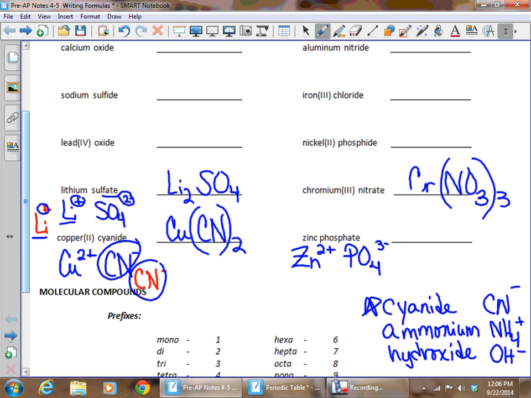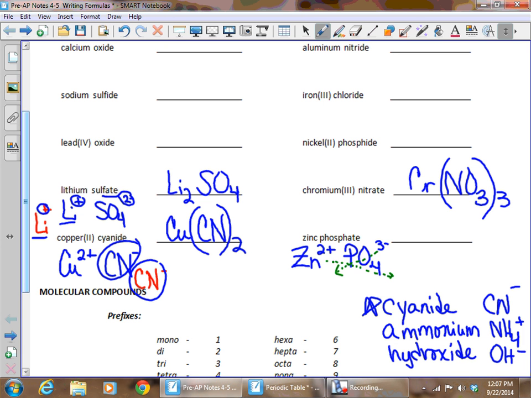It's called crossing charges. And the beauty part of this trick, yes, we can write up 2 more zincs to get our 6 positives and 1 more phosphate to get our 6 negatives. But this always works for a 2-3 or a 3-4 combination, we can do something called crossing charges. And I'm going to do this in green so you'll realize you don't have to have it on your paper.